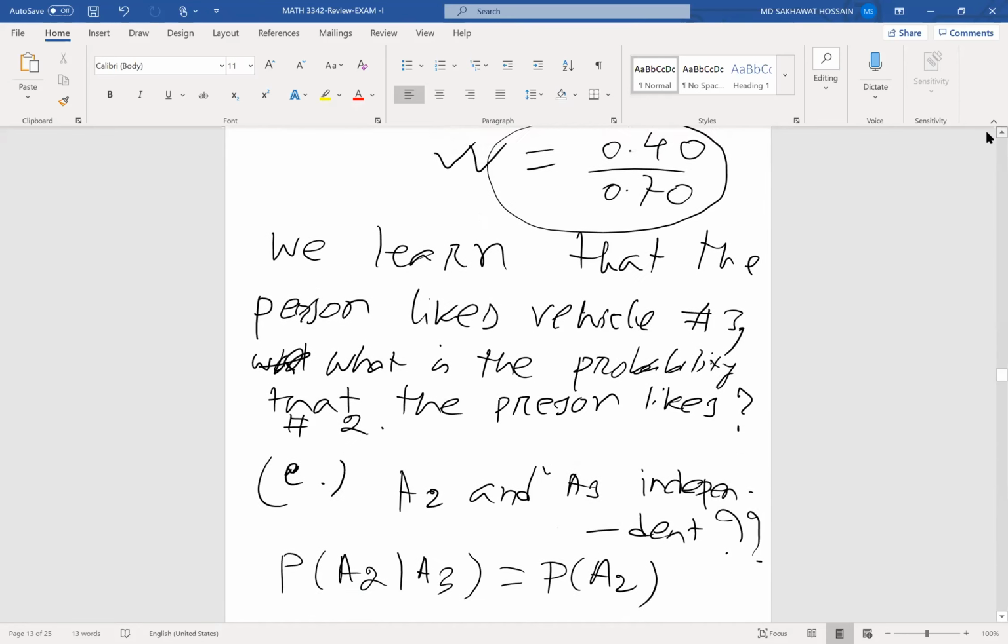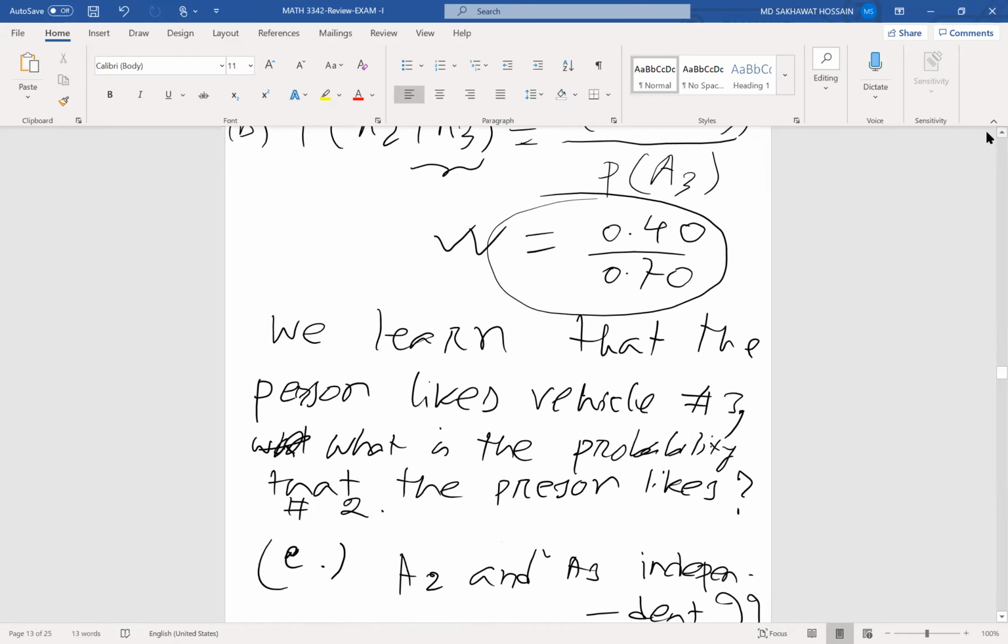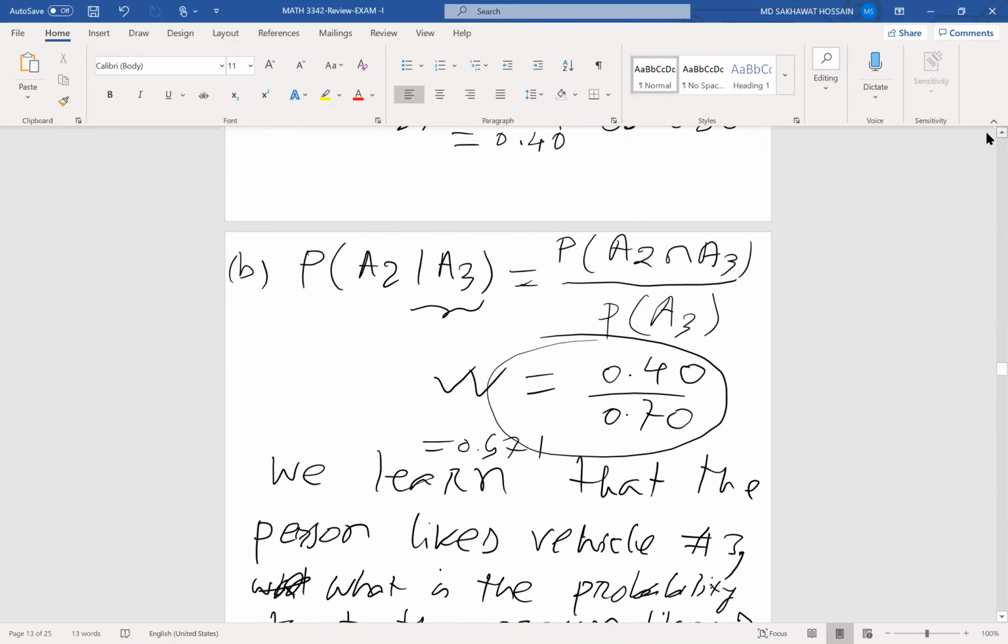So here we found the probability is 0.40, the 0.4 divided by 0.7. Let me calculate it. So 0.4 divided by 0.7 is 0.571. Let me check whether this is equal to the probability of A2 or not.